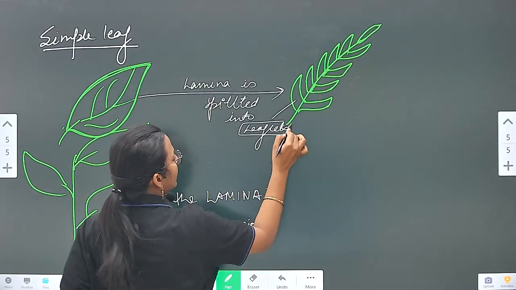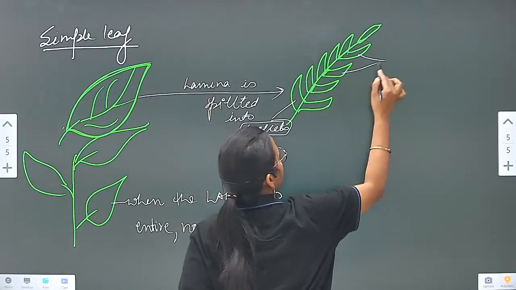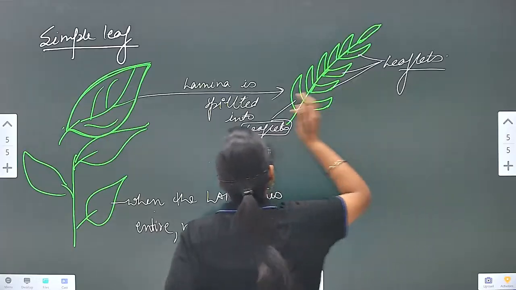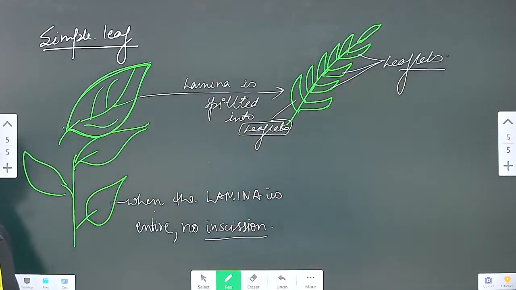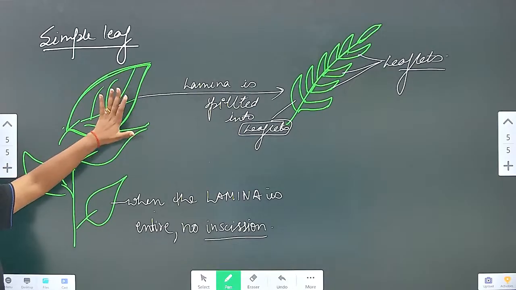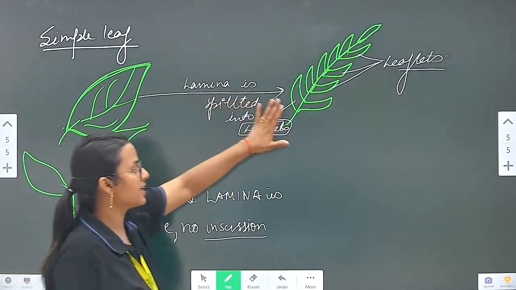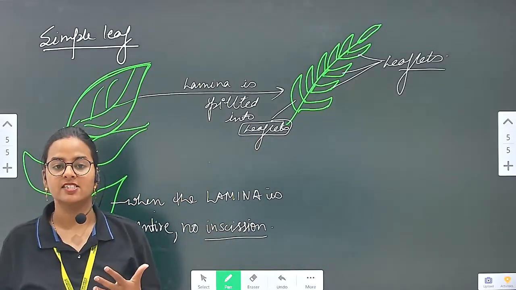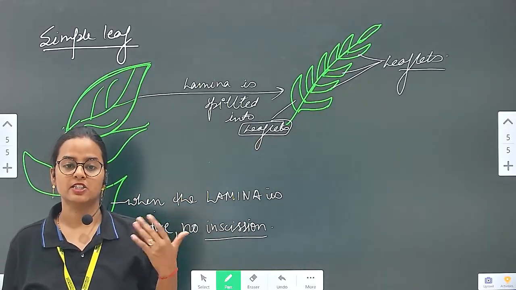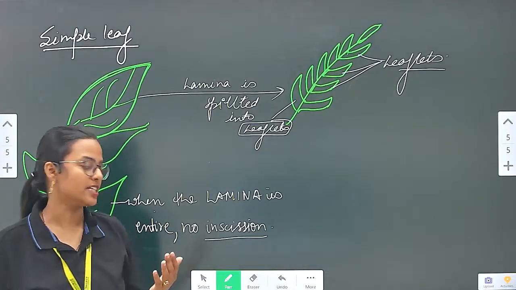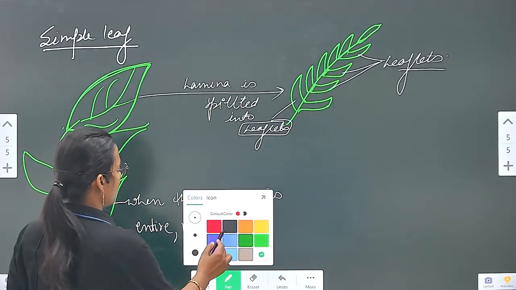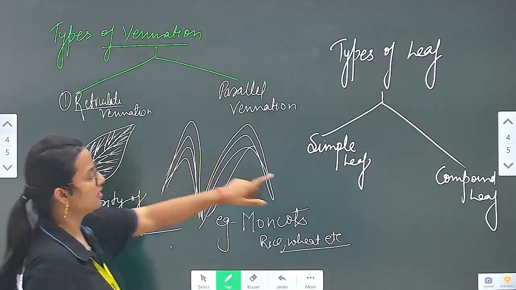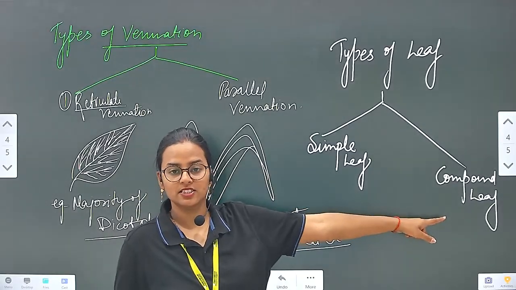These are leaflets, not the entire leaf. Here there is an entire lamina, whereas in this case the lamina has been split into multiple leaflets, and when the lamina splits into multiple leaflets, we call it what leaf? It is called the compound leaf. Did you get my point?